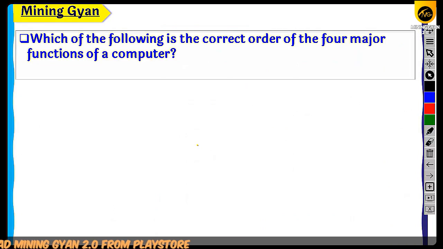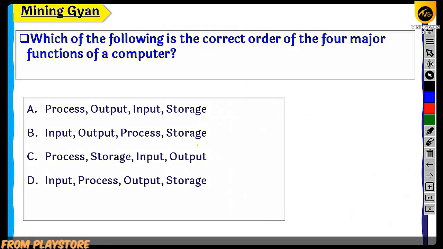Now the second question is, which of the following is the correct order of the four major functions of the computer? First is process, output, input, then storage. The second is input, output, process, storage. Option C is process, storage, input, and output. And the last one is input, process, output, and storage.